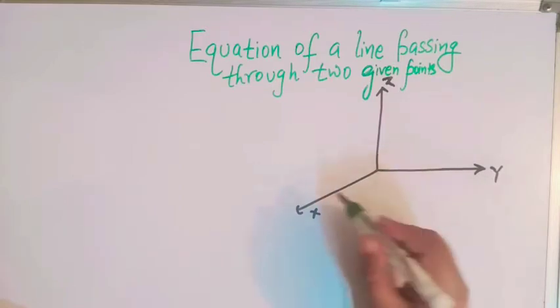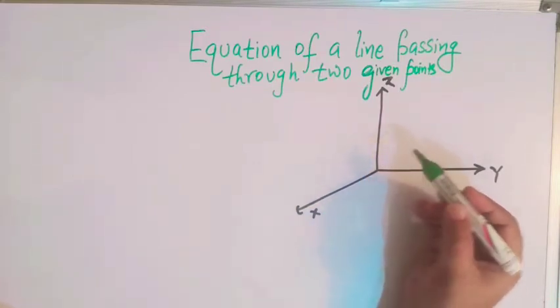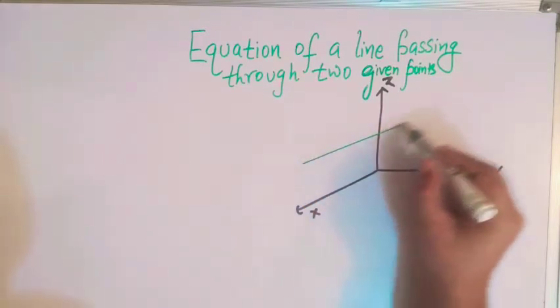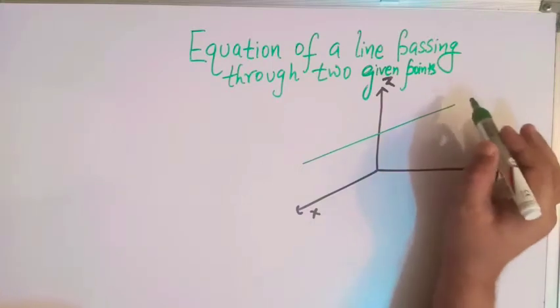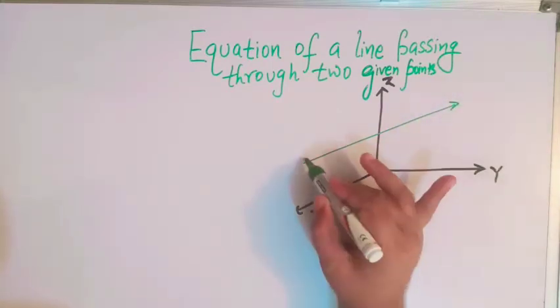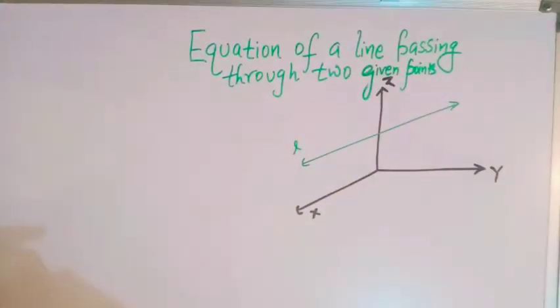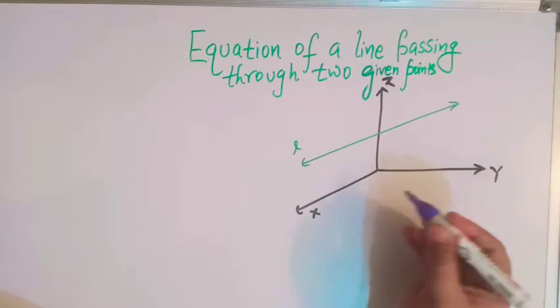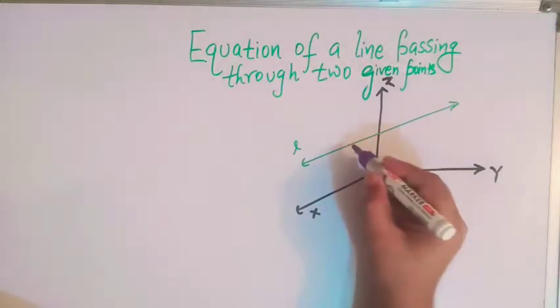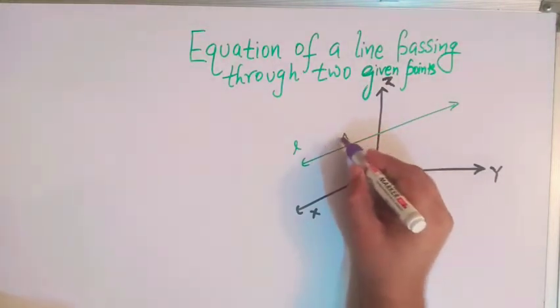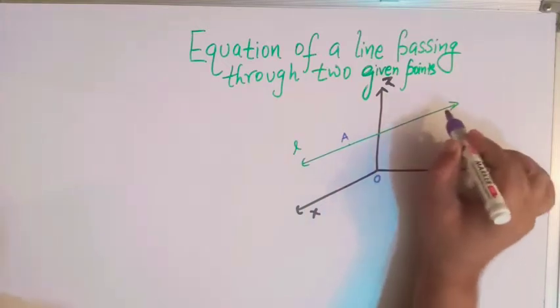So let us take a line, say this is a line L, and let us take 2 points A and B on this line, right?